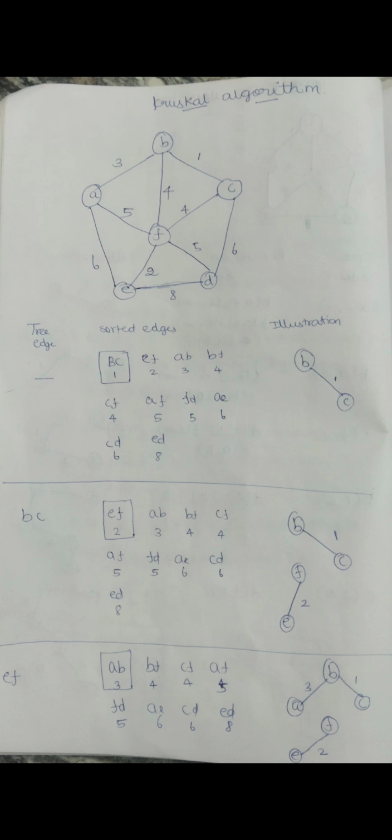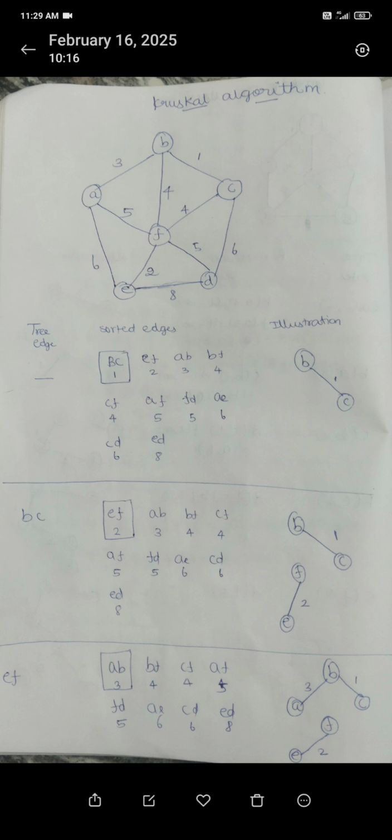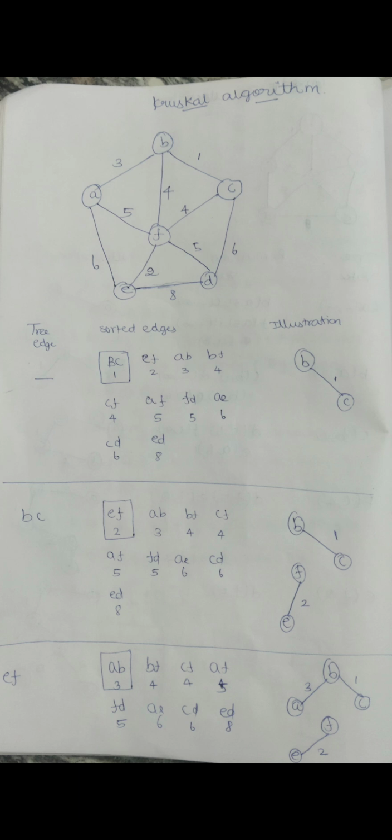After that, AB has a value of 3. So we include it in the tree, one step at a time, checking whether the tree contains any loops. It does not contain any loop. It's a very important point. EF also does not contain any loop.